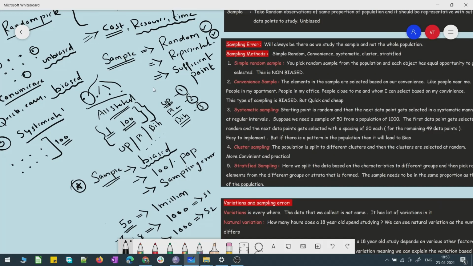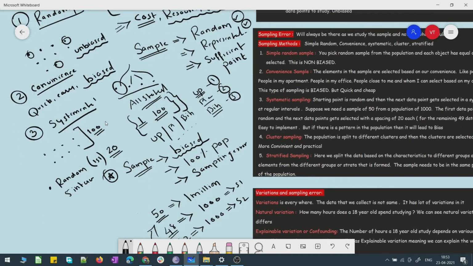This is just an example. So what I will do is the first data point that I pick up will be random, and the rest will be at equal intervals of 5. So there is a systematic way by which I select the elements from the population.